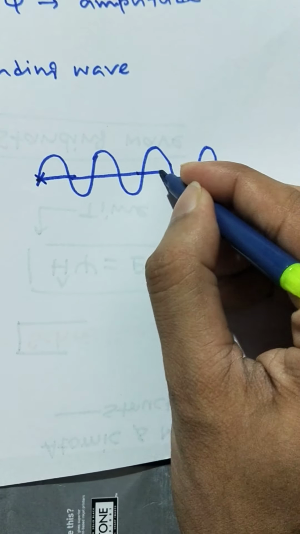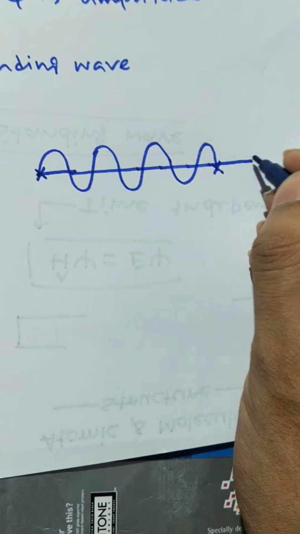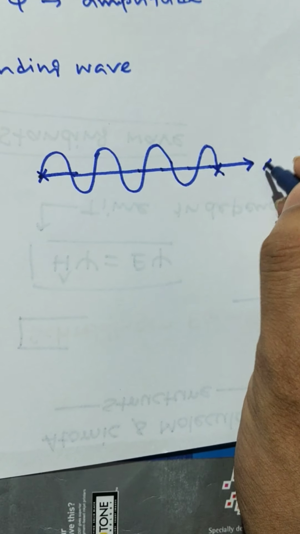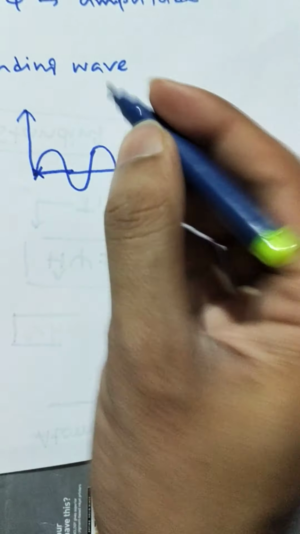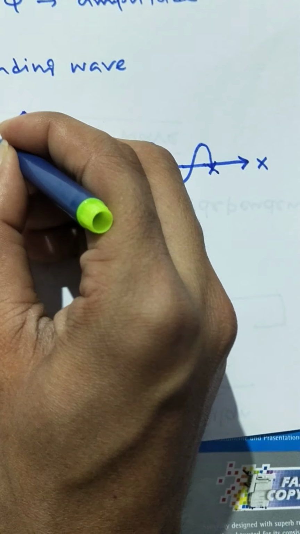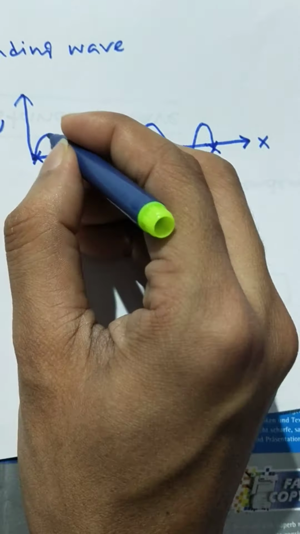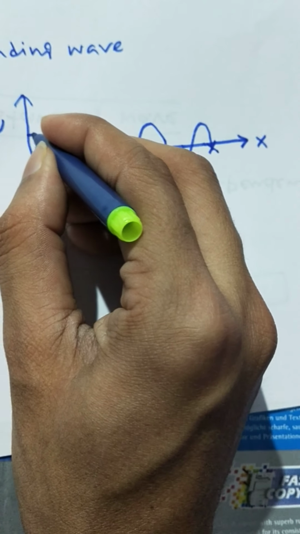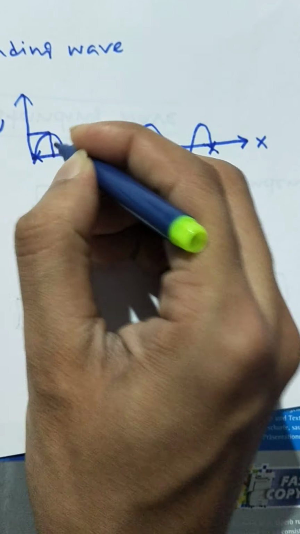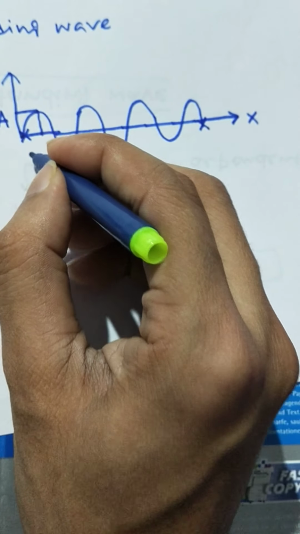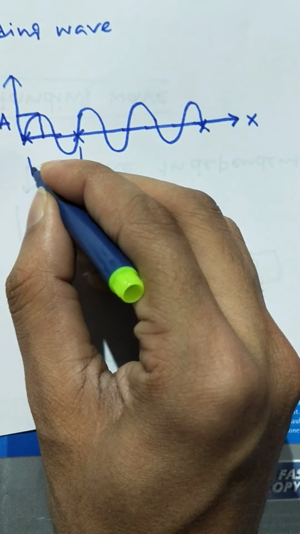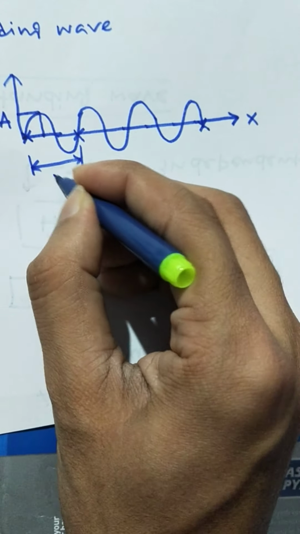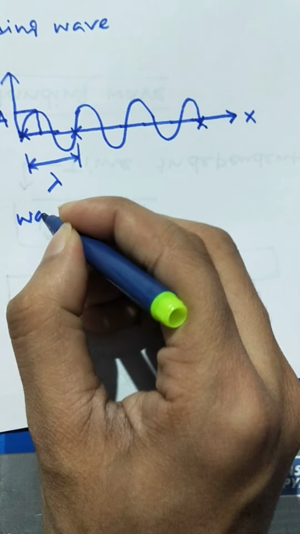This is the coordinate of the x-axis, this is the coordinate of the y-axis, or amplitude axis, or psi axis, and this is the maximum amplitude, capital A, and from this point to this point is called lambda, the wavelength.